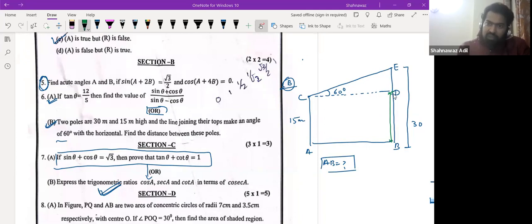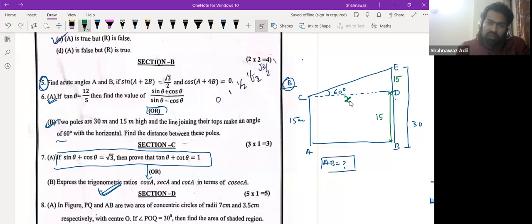This is 15, so this much would be the same, 15. And if we subtract 15 from 30, we get 15 again. So this is 15.